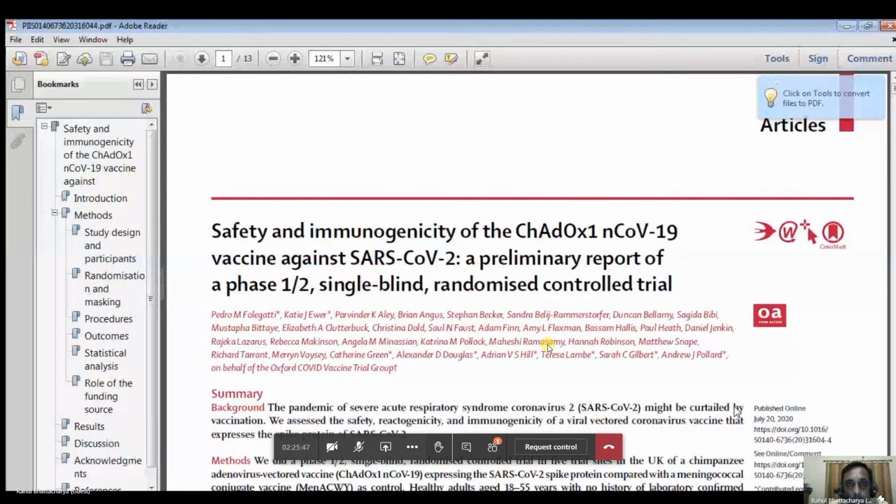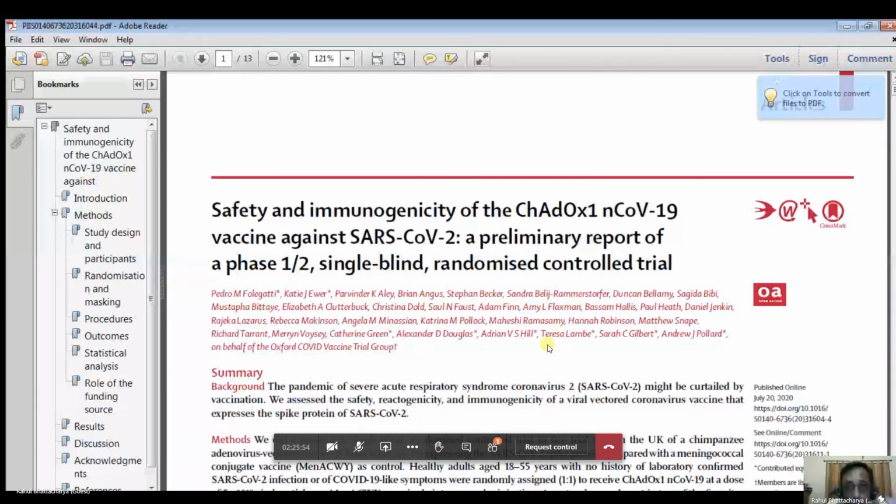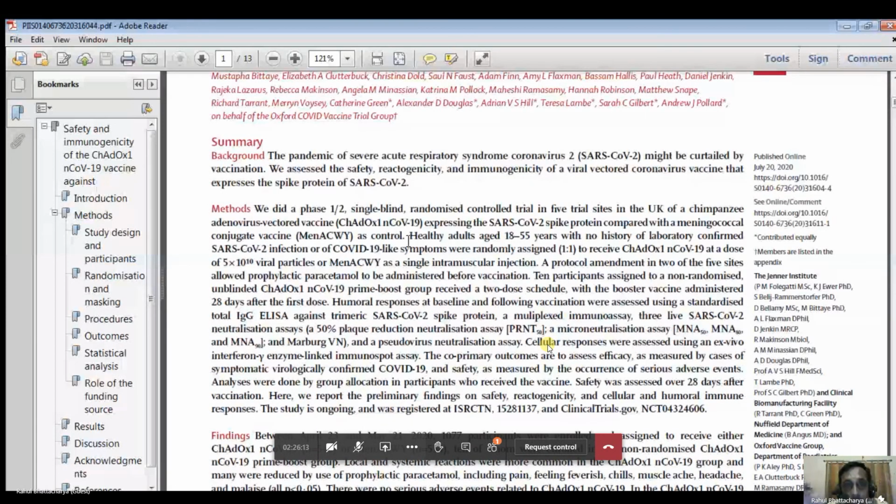This is the latest paper on the Oxford trial: safety and immunogenicity of the ChAdOx1 vaccine for COVID-19 disease. And here, if you look at the methods, you will find that the terms I have used and introduced are all used here, so that you can now understand the basics of this work and get some inspiration about the vaccine and what is going on.